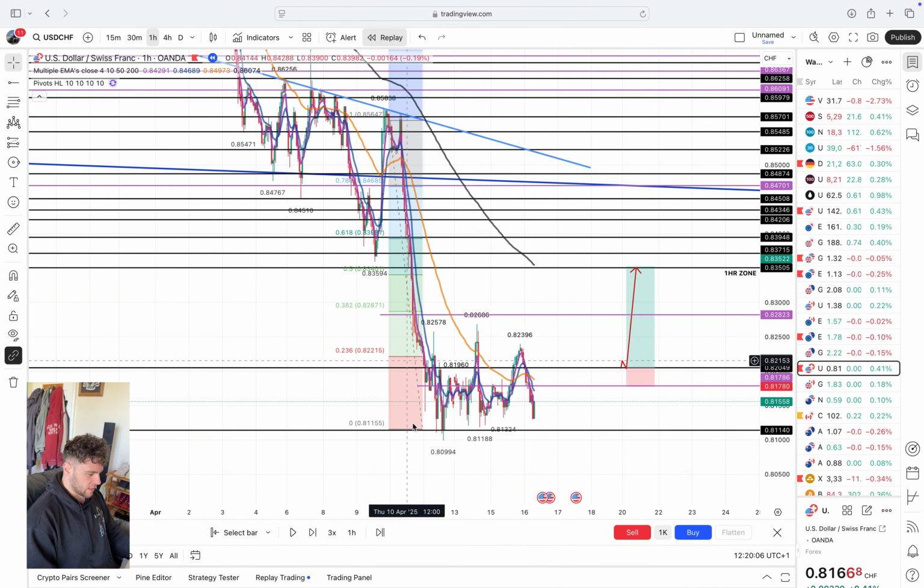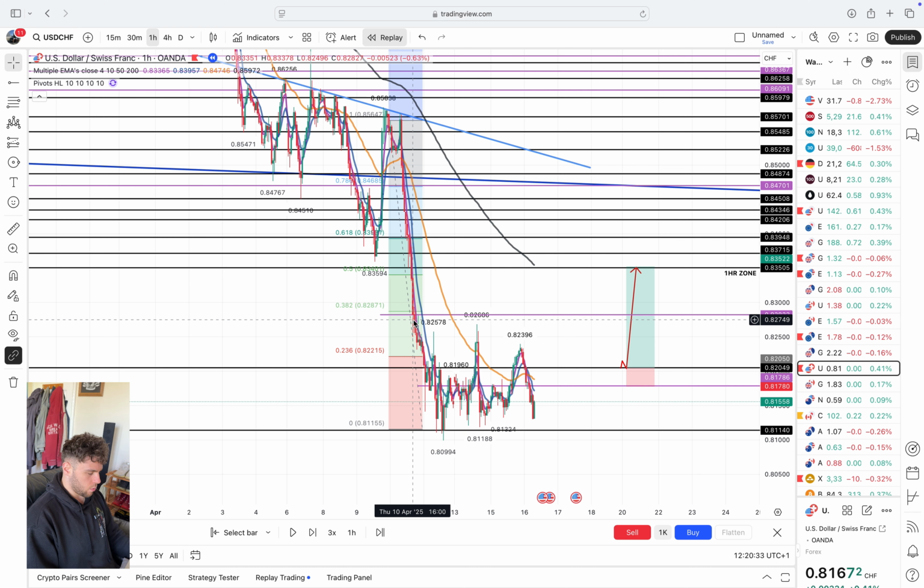So as you can see, we had that huge bearish momentum. What I was looking at was a retrace up to retrace this move. We've been accumulating in this area. We've got some retracements up to the 23%, maybe about a 30% level here. We haven't quite hit that golden 38% level where the market likes to be deemed balanced.